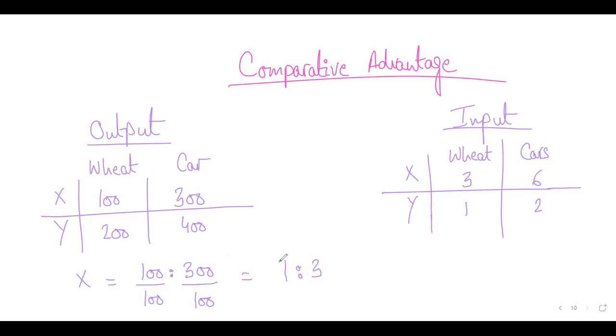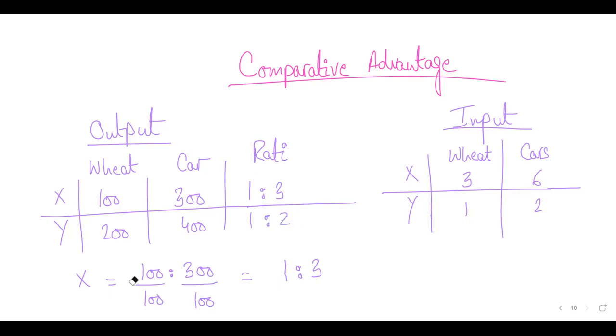To produce 1 unit of wheat, X has to give up 3 units of cars. Does it make sense? So let me make a third column that says ratio. In the case of X, it's 1:3. Now we do this for Y and this gives us 1:2, because 200 divided by 400 is 1:2.